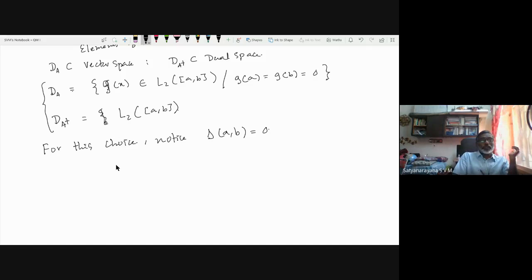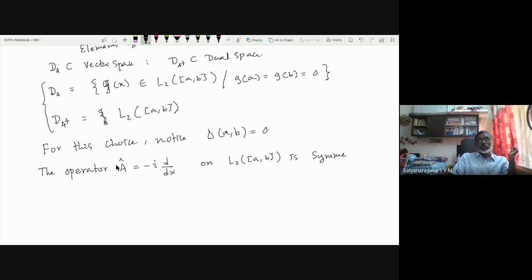So the conclusion is that the operator A, which is equal to minus i d by dx, on L2 of (a, b) is symmetric, but not self-adjoint.